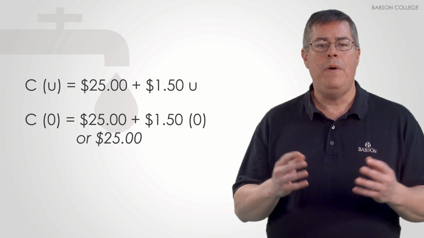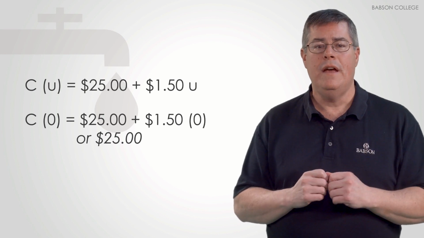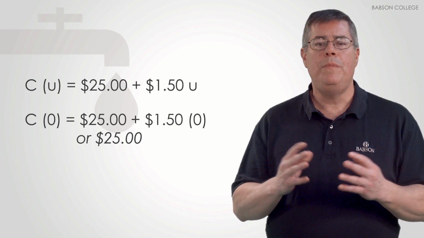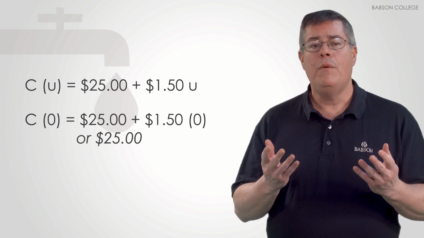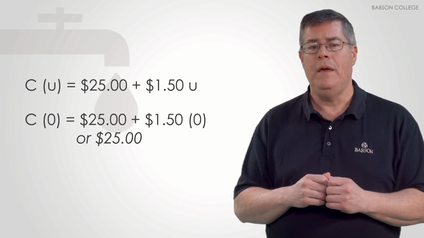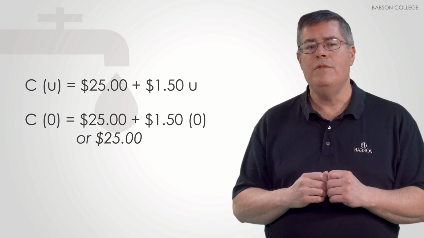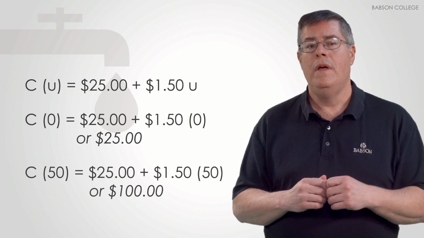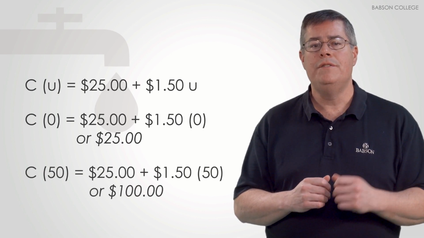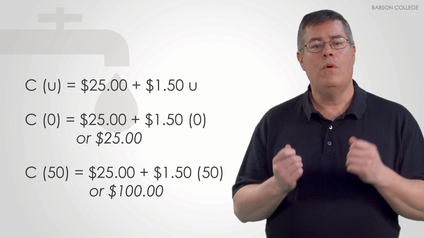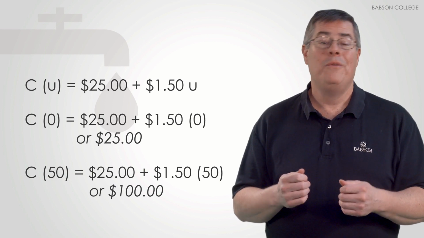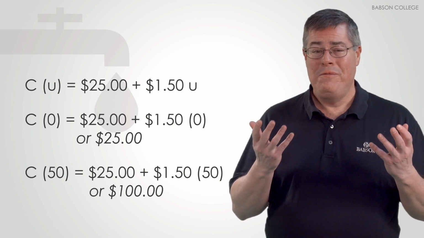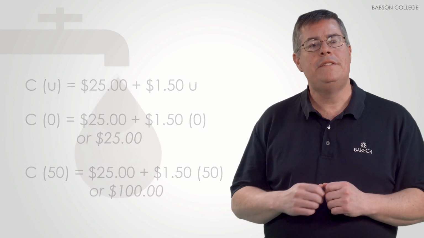Here, you essentially pay for the privilege of being connected to the water system, which could be looked at as a fixed fee that would go towards normal maintenance and upkeep. Now let's say I use 50 units of water in a quarter. I would pay $100 every 3 months or a quarter for my water usage, which is actually very close to my real bill.